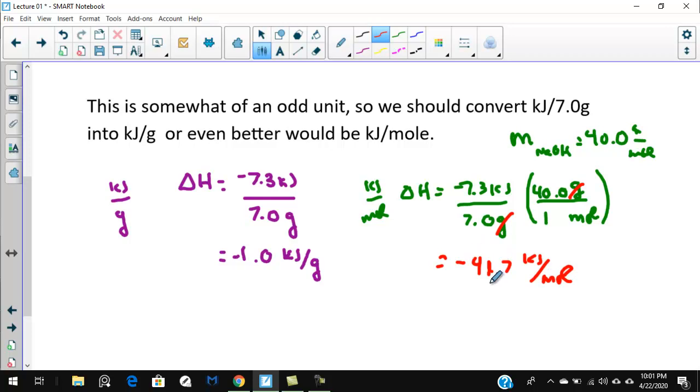Right? So that's the enthalpy of dissolution per mole and the enthalpy of dissolution per gram. It's just converting the number that we got into something more useful, because it's very unorthodox and very clumsy to express your units in kilojoules per 7 grams or whatever the mass happened to be. So you'll always be asked to convert it to one of these two things, either kilojoules per gram or per mole.